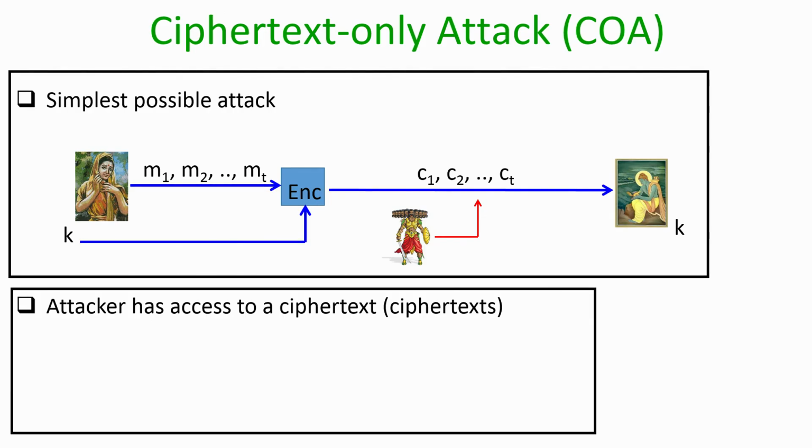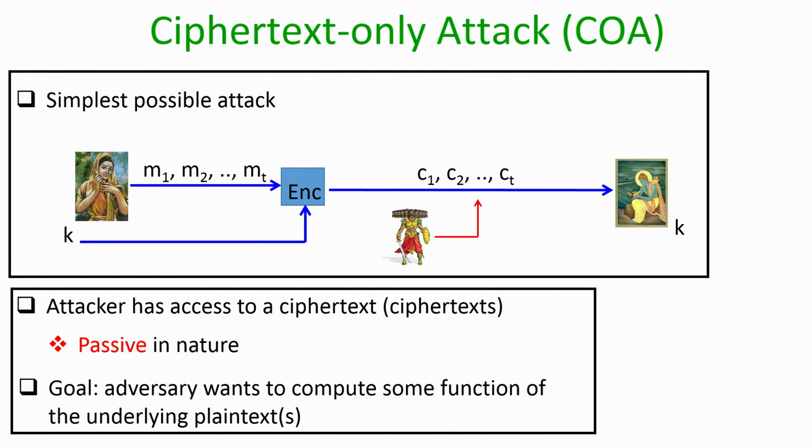The attacker has eavesdropped and intercepted those ciphertexts. So, the attacker does not have to do anything fancy here, it just has to listen over the channel to what ciphertext contents have been communicated. That is why this attack is passive in nature, and the goal of the attacker here is to compute some functions of the underlying plain text. So, apart from the ciphertext knowledge, no additional information is available to the attacker in this attack model.